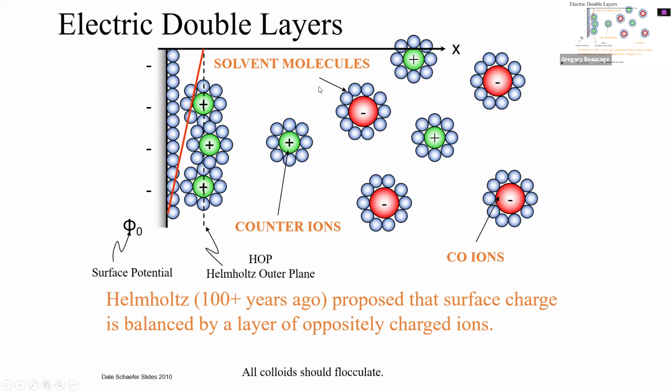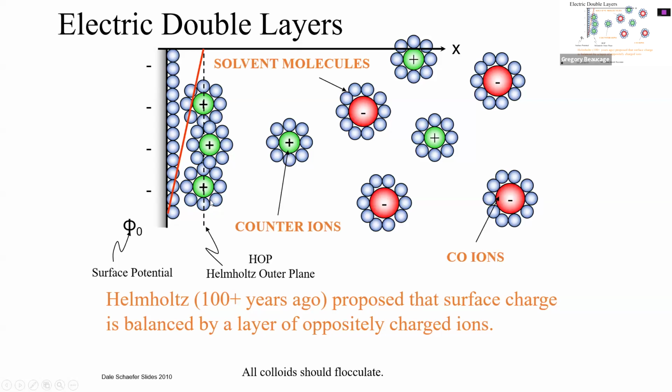And then you have a solution, and usually the solution is going to have ions in it, like salt, sodium chloride floating around in the solution. So the negative surface of the silicon or silica will attract the positive sodium ions, and they'll form a layer.